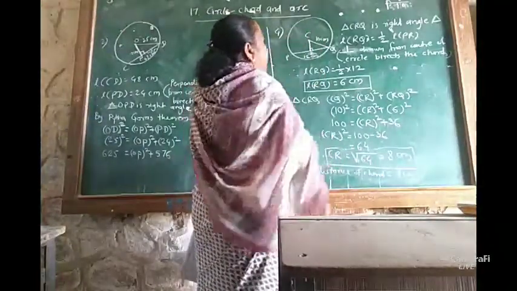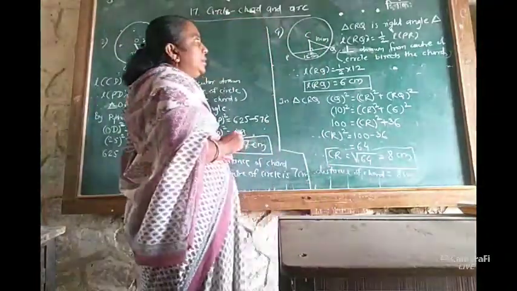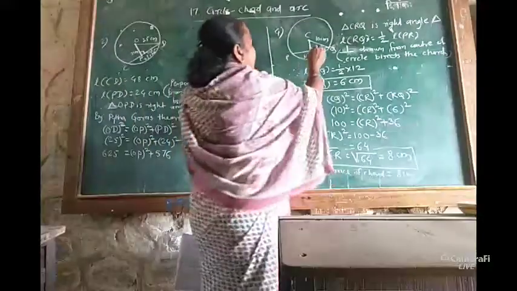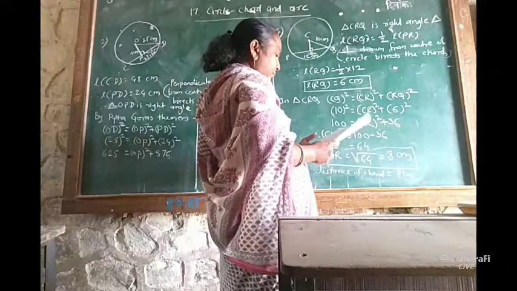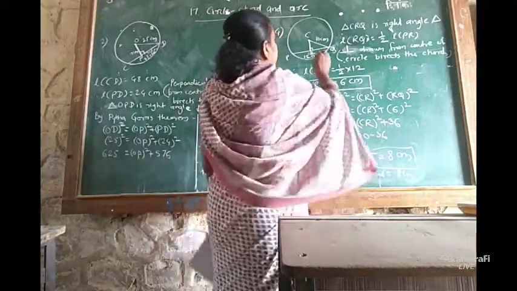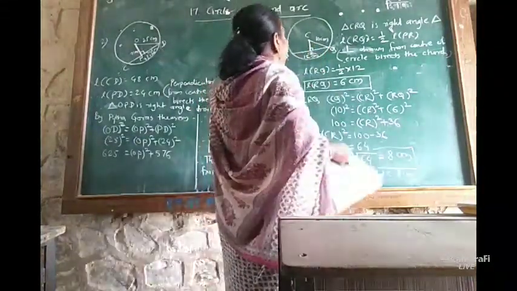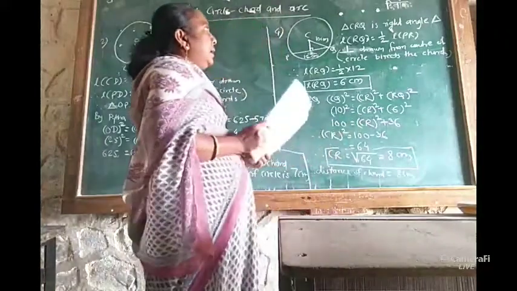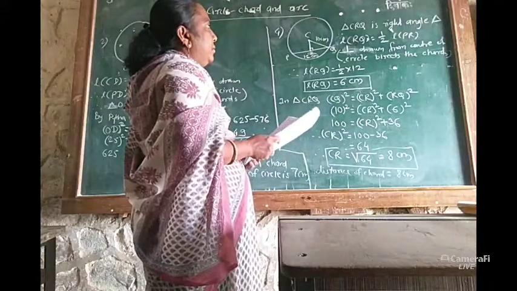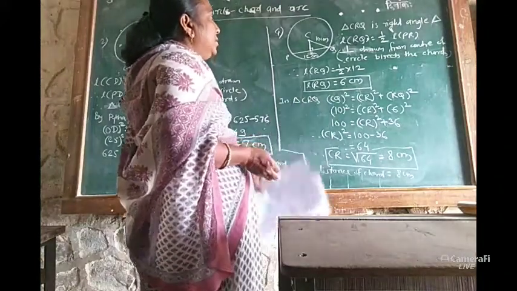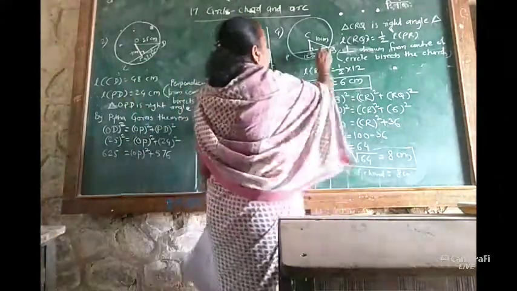First draw the diagram like this, then you can see that CRQ is a right angle triangle, because CR is perpendicular to PQ. By using the Pythagoras theorem, we can find the value of CR. Before this, we have to find the value of RQ.